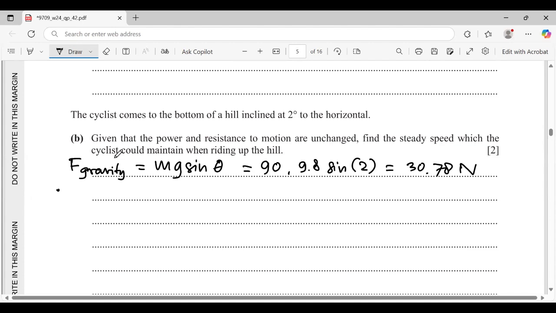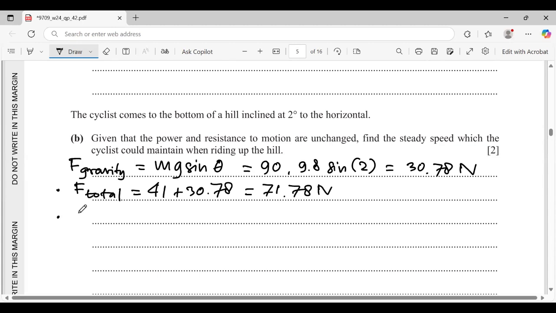After that, if you sketch this condition, you can find the total opposing force. The total opposing force, I would like to call F total, is 41 plus 30.78, and it is 71.78 newtons.